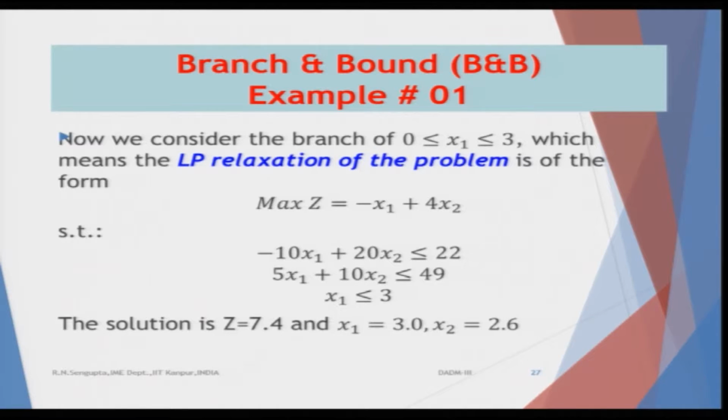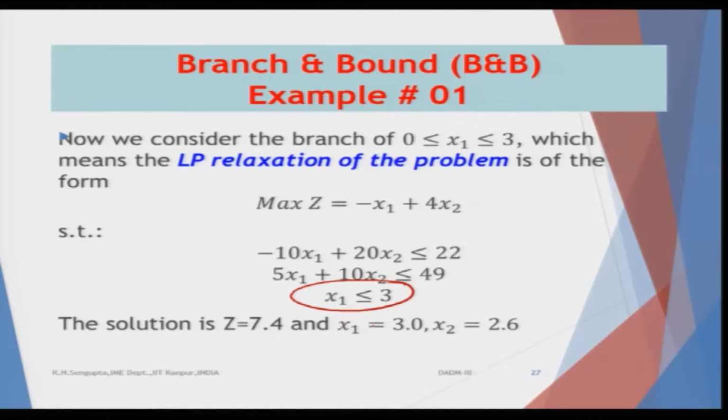Actually, the values of x1 in the integer programming would have been only integers 0, 1, 2, 3, that we relax. This I will highlight. I am purposely using this darkish red color in order to highlight where the relaxation is happening.